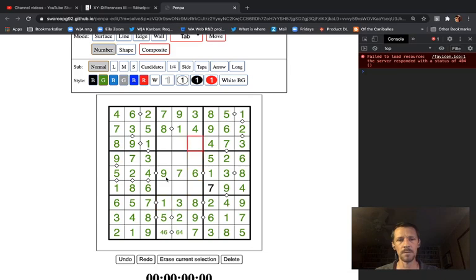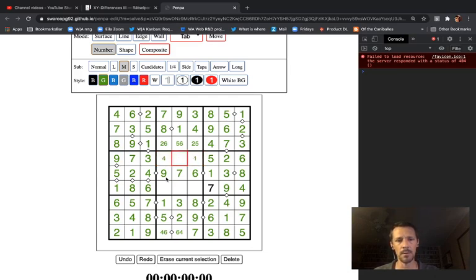So what's left in this row I have 2, 5, and 6. This is either 2 or 6. This is 5 or 6. This is 2 or 5. Here I've got a 1, 4, and 8 to place. This has to be a 4.